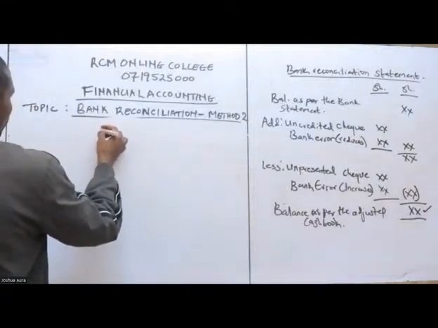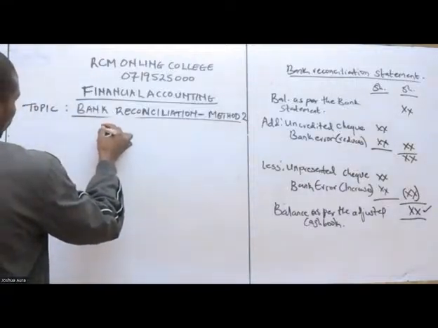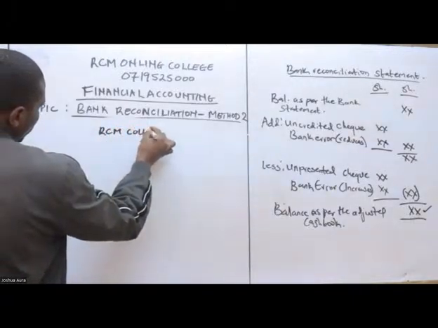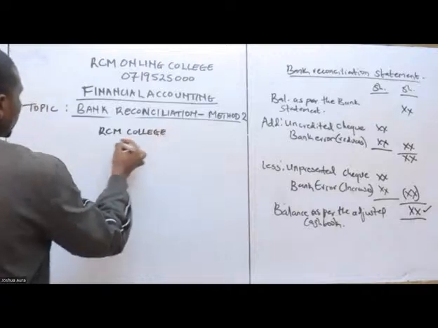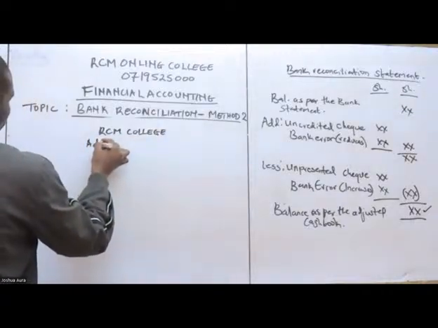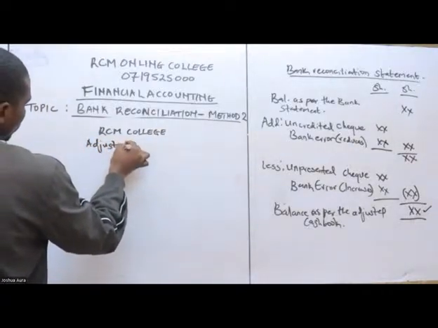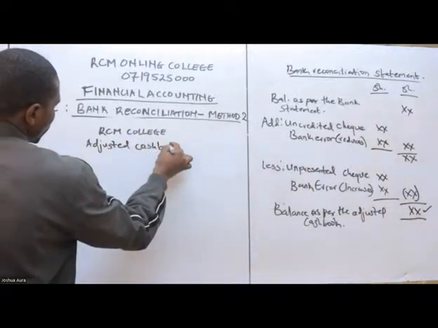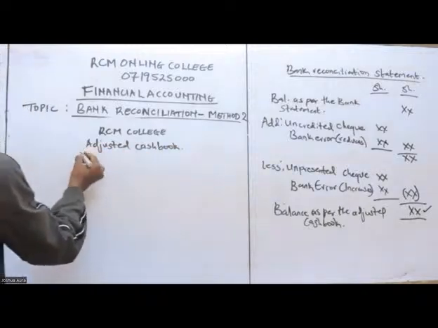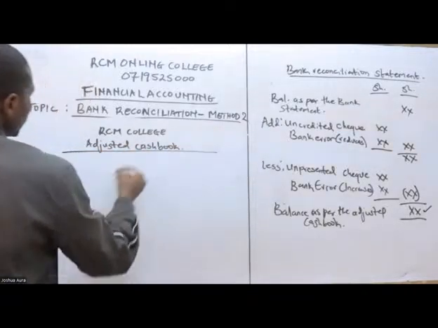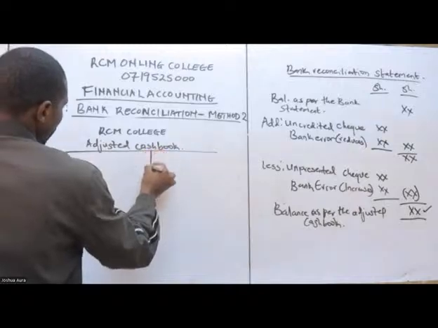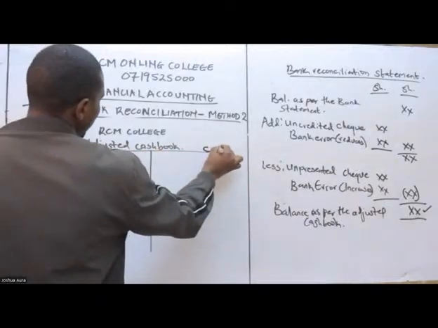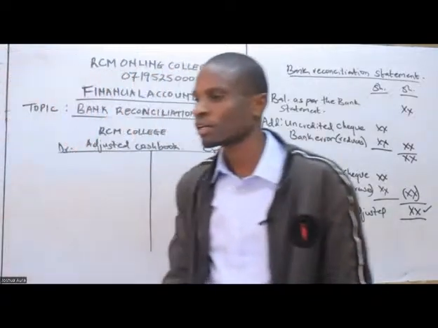This is the RCM College adjusted cash book. Let's see how we come up with this. This is the debit side, and this side is the credit side.